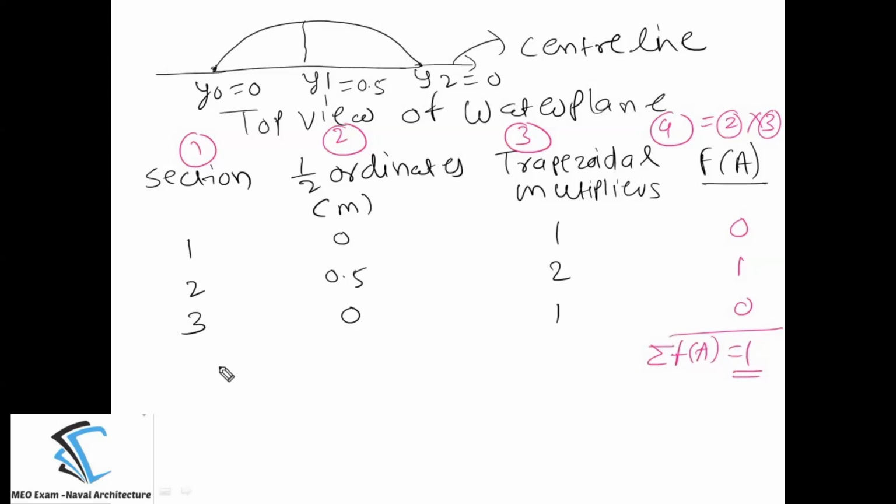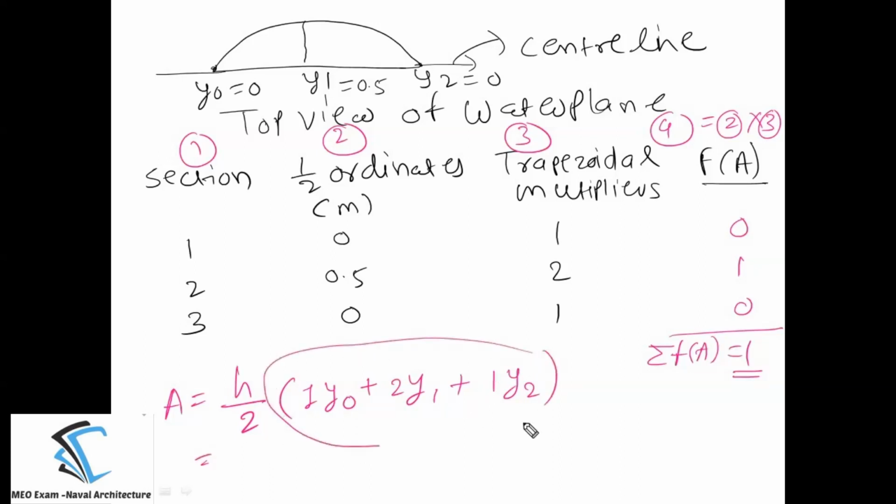But if you want to find out the actual area, then we have to use this formula. Area is equal to h by 2 into 1 into y0 plus 2 into y1 plus 1 into y2, and this whole thing we can write as a summation of function of a, and which we have already calculated here.